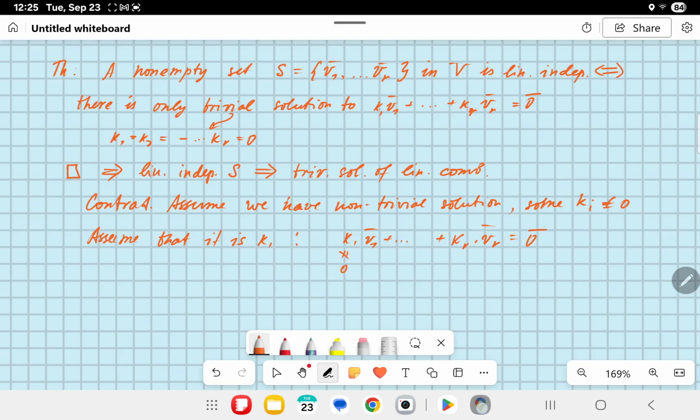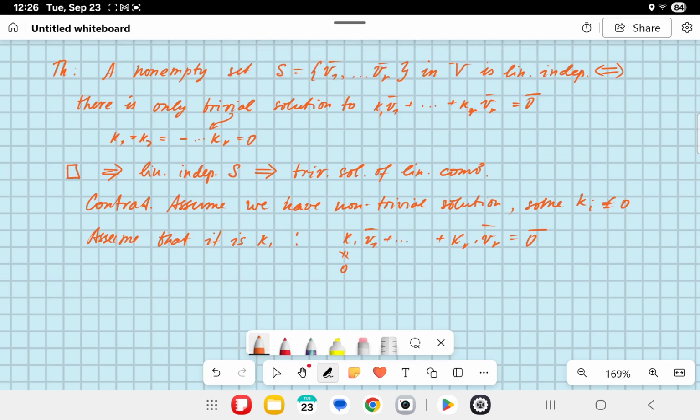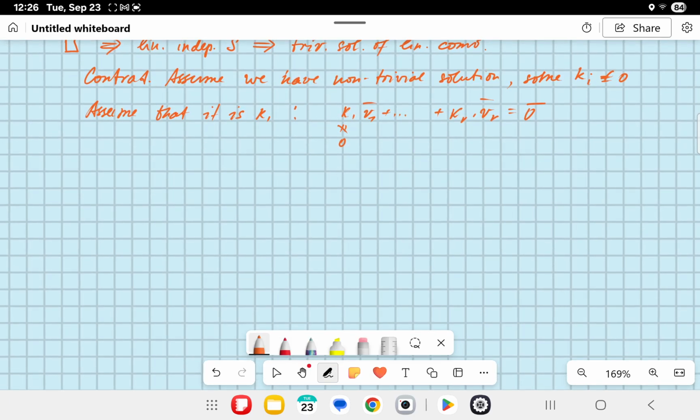What can we do, guys? Well, because k1 is not equal to 0, I can divide by it. Or let's say I can multiply the left and right sides of my statement by 1 over k1.